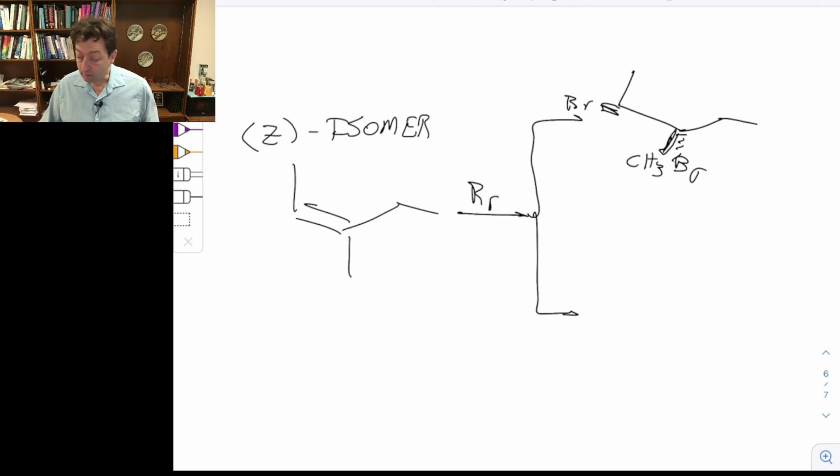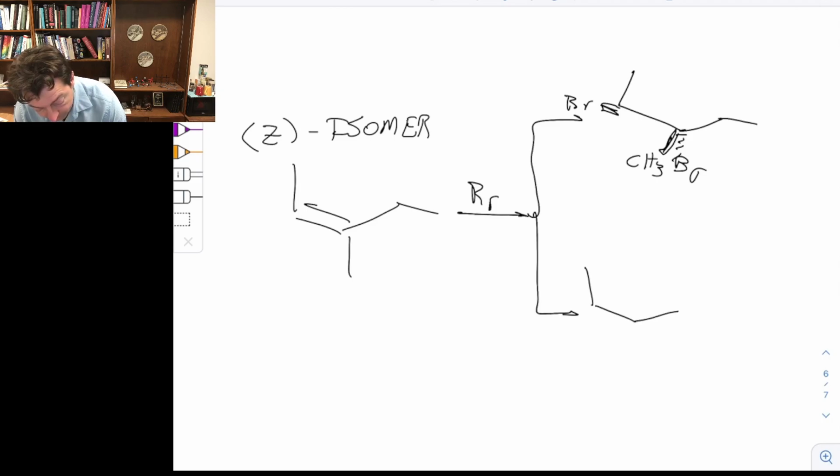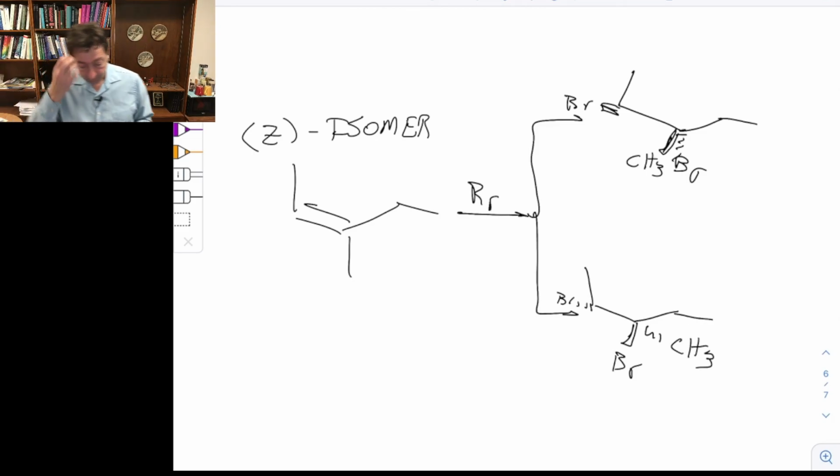Just to show what we would expect to observe just from the addition across that double bond, keeping the substituents in place. The other thing we would get here would look like this. That bromine goes back. We would get those as products.